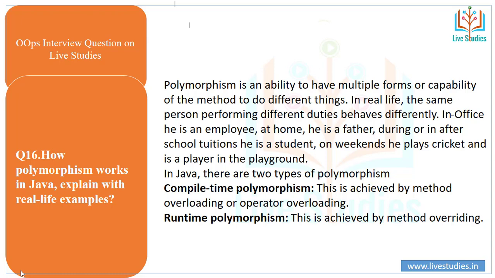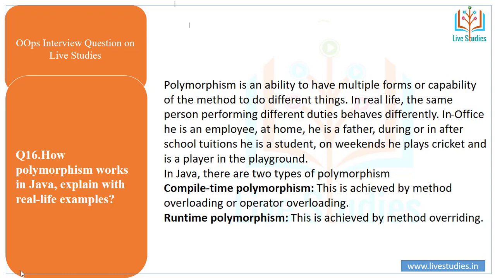Another example is communication. It is one name, communication, but we communicate in different forms, like through the telephone, through messages, through video calls, through chat. So polymorphism has two types: compile time polymorphism and runtime polymorphism.